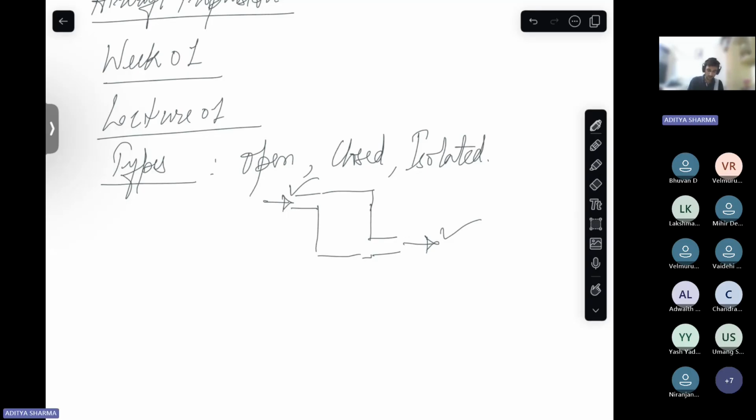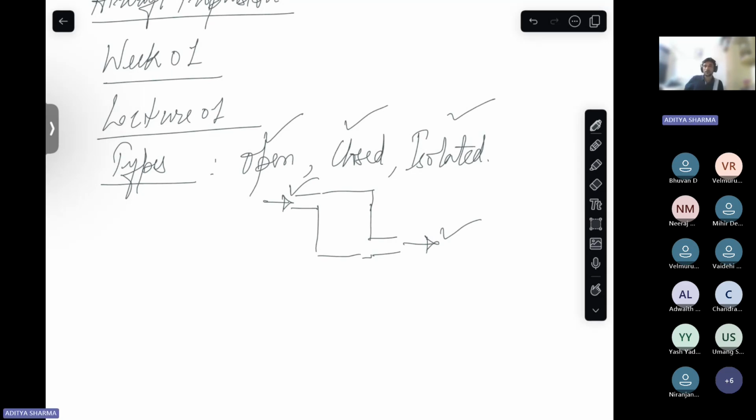I just talked about an open system. So in your closed system, whatever the matter you are trying to study, there is no in or out of that matter from your system of focus, right? That basically is your closed system.